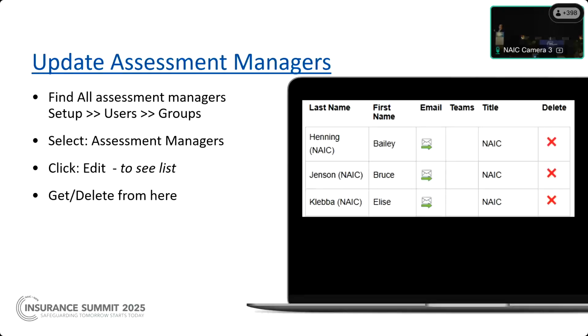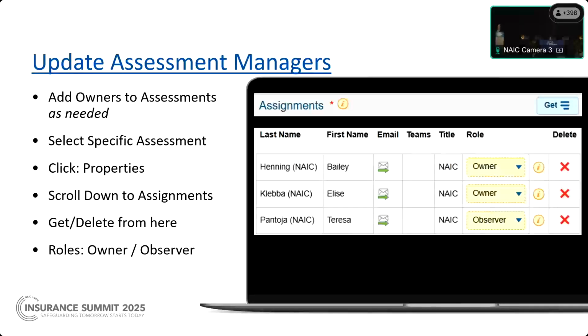So for these users, if you have someone that does not need the assessment manager role, but does need to create projects, you would delete them from this list, then go back into the assessment, add them to the assessment as a user, and you can make them owner or make them observer.